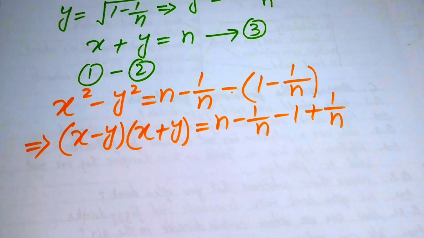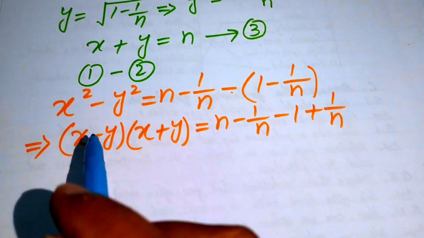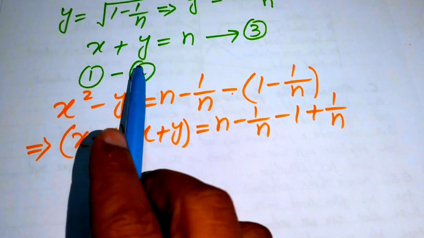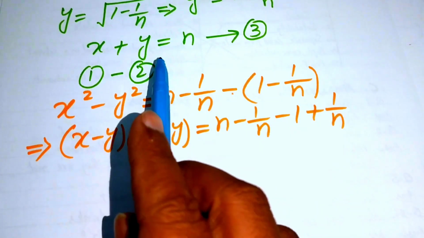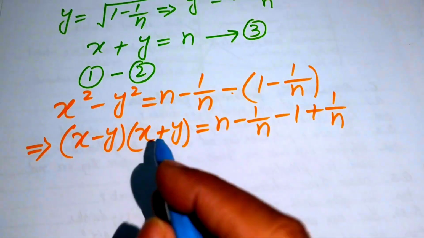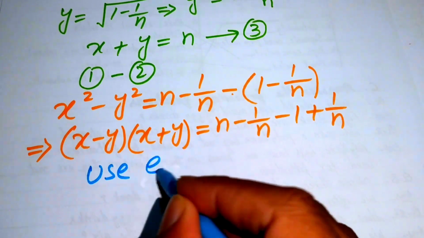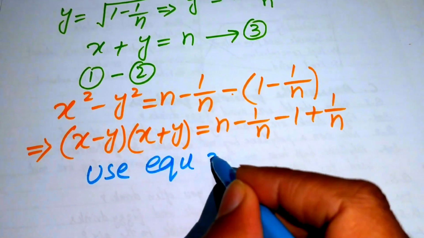Here we need more simplification, so we use equation number 3, in which we have x plus y equals n, and we substitute the value of x plus y here.